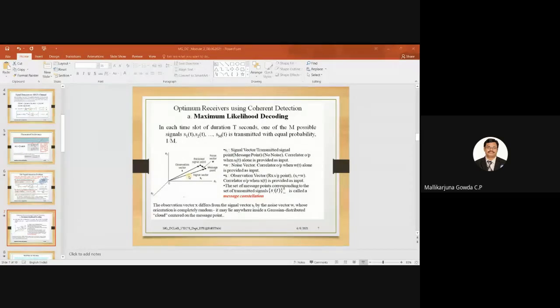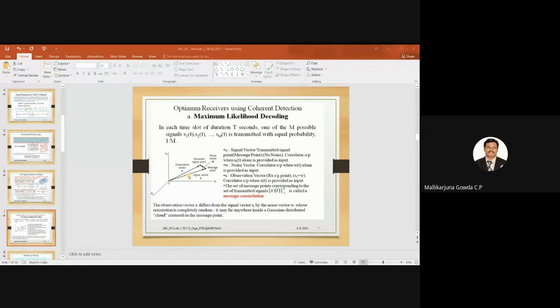In that T seconds, I am going to transmit M possible signals. Those M possible signals are s1(t), s2(t), and so on up to sM(t), with equal probability. If I say equal probability, its value will become 1/M.